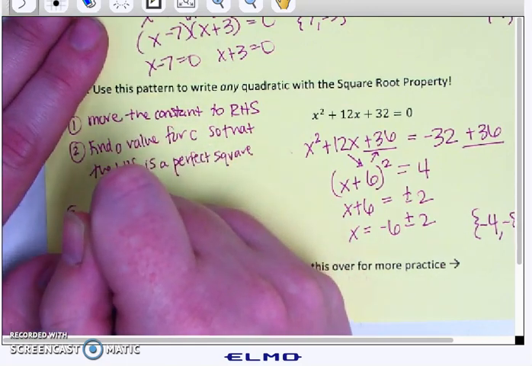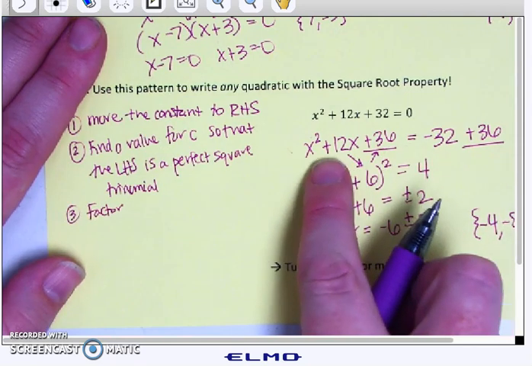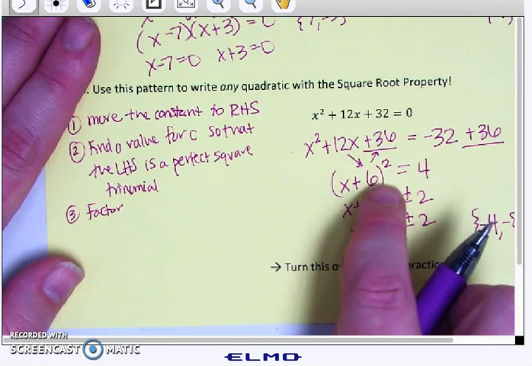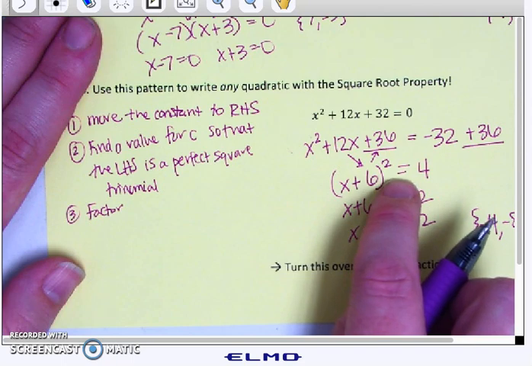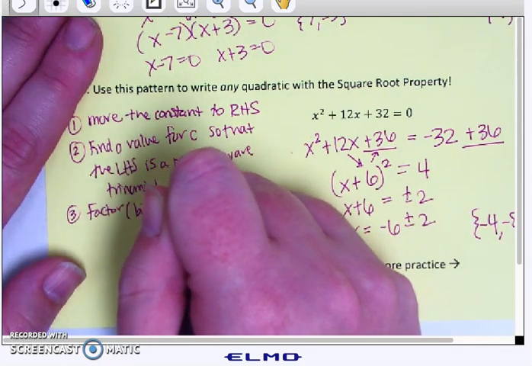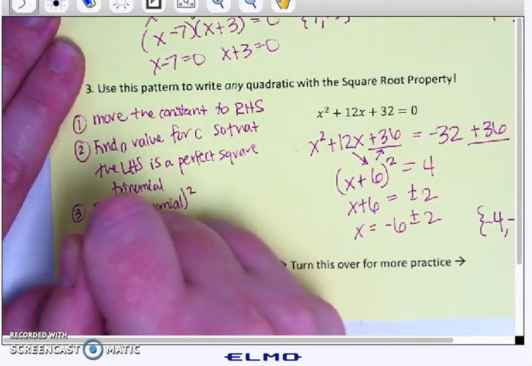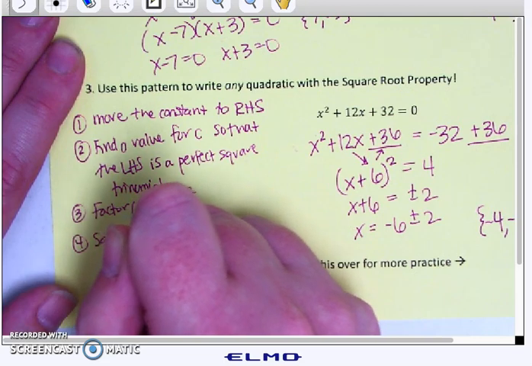From there, you factor. x squared plus 12x plus 36 factors to x plus 6 quantity squared. It should be a binomial squared. And then from there, you use the square root property like normal.